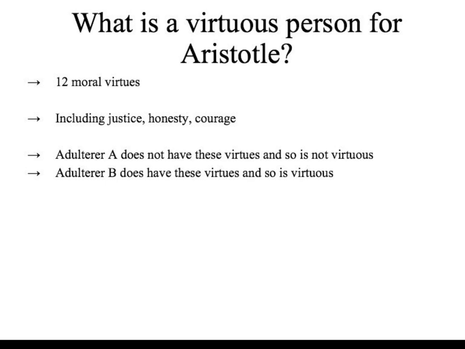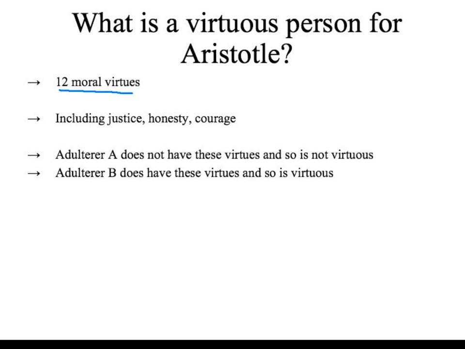So moving on to our first question, and so we're on paragraph 3 now, we need to ask ourselves, what does a virtuous person look like for Aristotle? And then we are able to decide whether or not our adulterers are virtuous people. So obviously you are going to be discussing the 12 moral virtues which Aristotle comes up with.